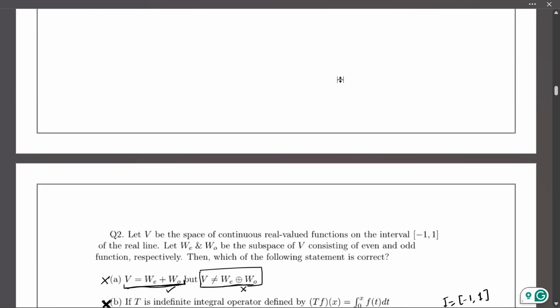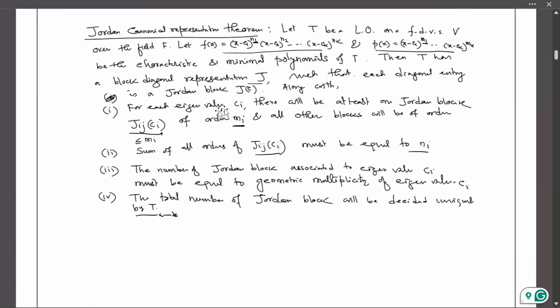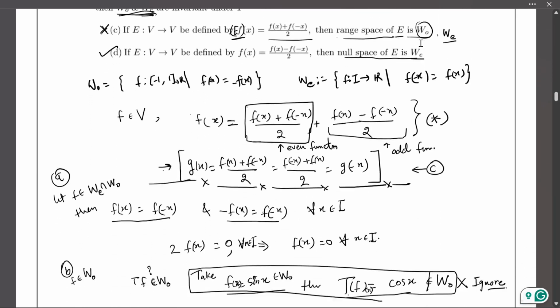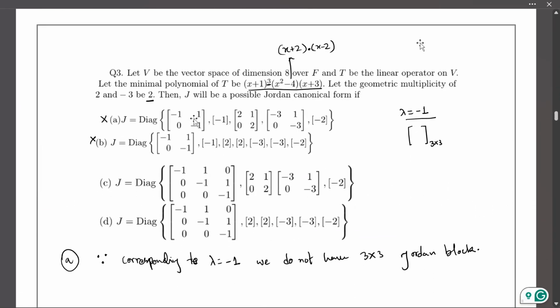This was the first thing in the list. If you see here, there will be at least one Jordan block of order mi, where mi is the power in the minimal polynomial. Here we have that power for the eigenvalue minus 1 equal to 3. Okay, sir, it's fine. Thank you. So the first two options are incorrect.